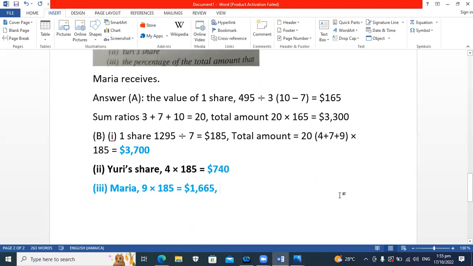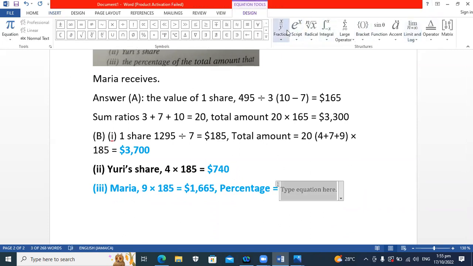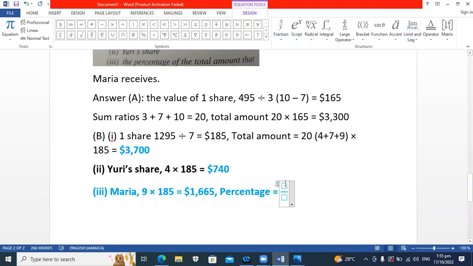So the percentage would be 1,665 divided by the total amount, not true?